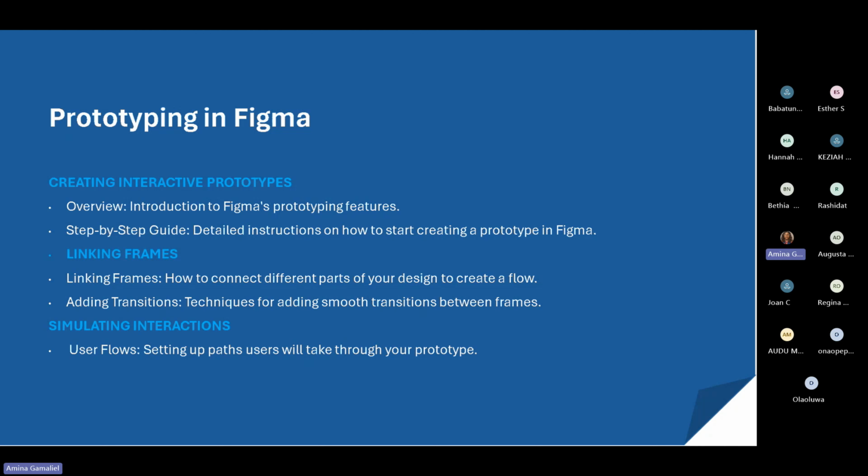We are going to learn Figma prototyping features. We are going to see step by step how we can start creating a prototype in Figma. Then we are going to learn how to link frames, how to connect the different parts of your design to create a flow. Oh, okay, a user comes on my page.